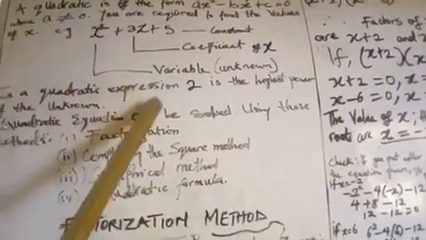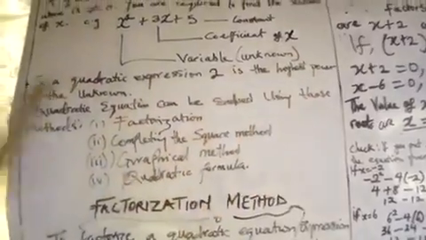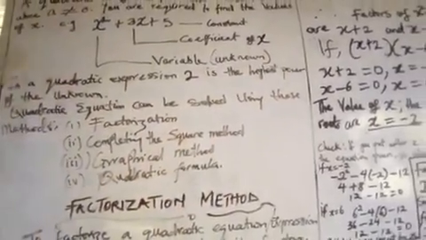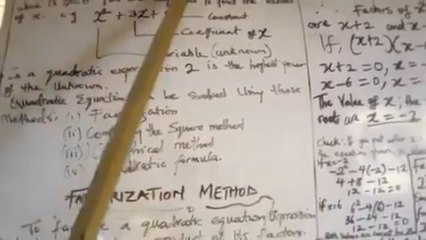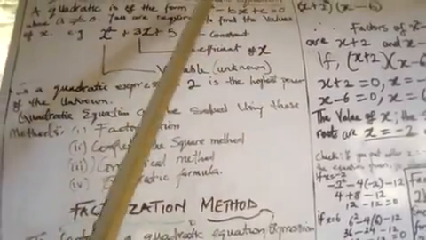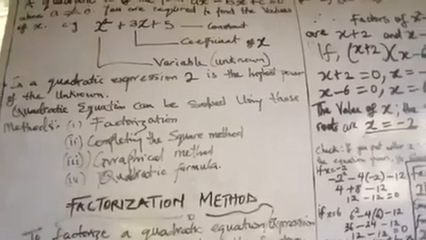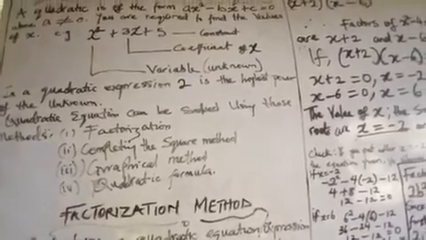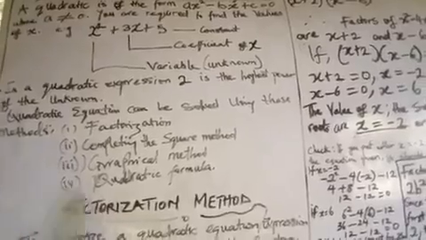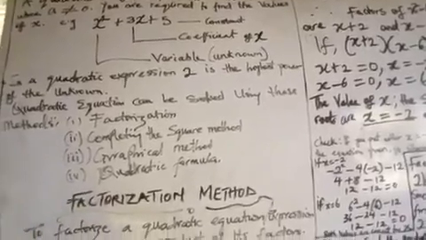In a quadratic equation, 2 is always the highest power. When you see an expression having the unknown x with the power of 2, then that is what a quadratic equation is.